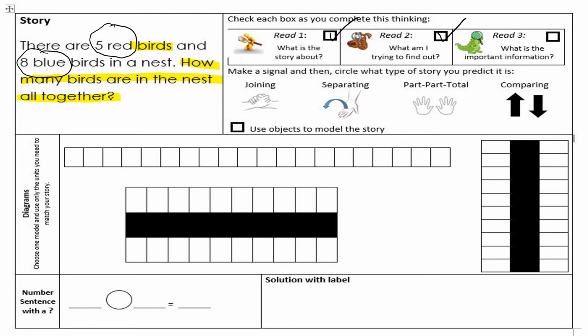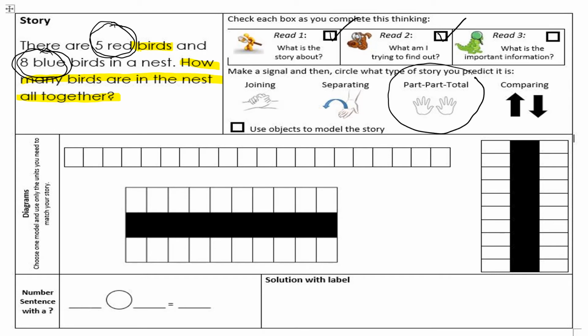So basically, with joining, you have two parts and you're trying to find the whole most of the time. Part-part total, which is what this problem is, you have both of your parts. You have part 1, which is your 5 red birds, and you have part 2, which is your 8 blue birds, and you're trying to find your total, which is how many altogether.